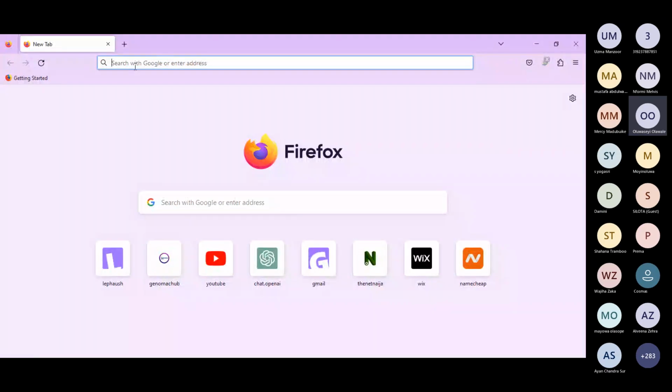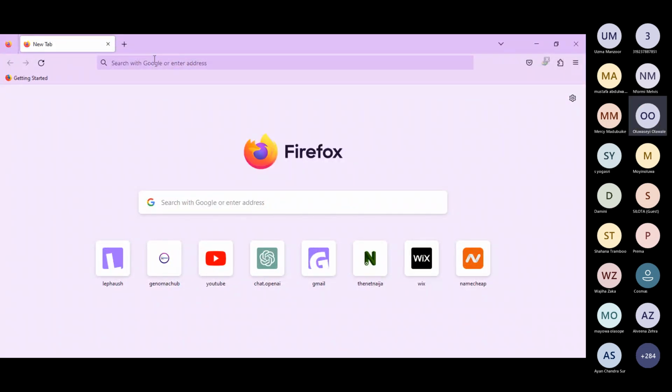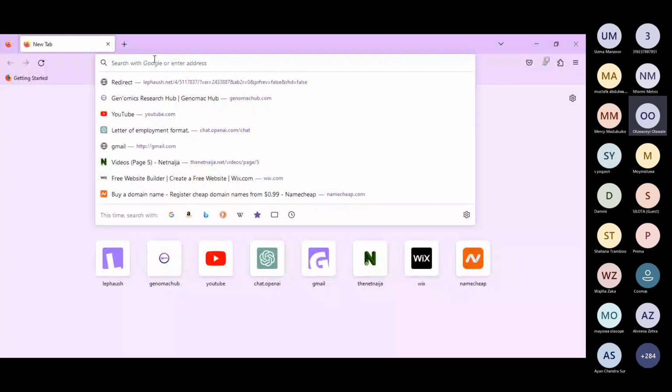Now on my browser, you can see that I want to search for something on Google. You can actually do that on your phone or on your laptop as well. The first online pipeline tool I'm going to show you for different omics data analysis is Galaxy.